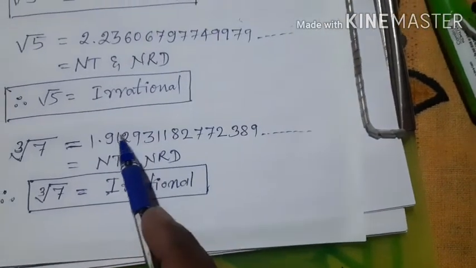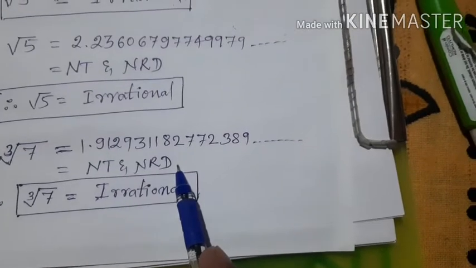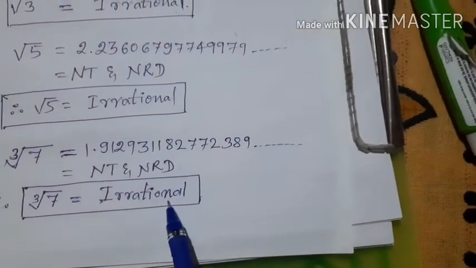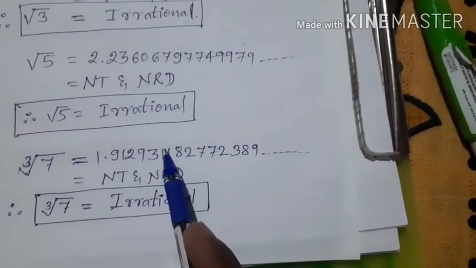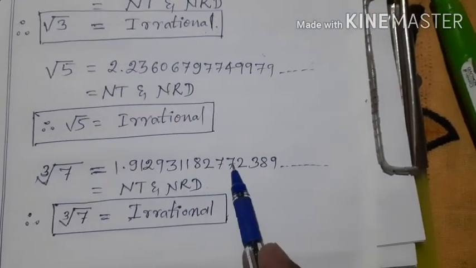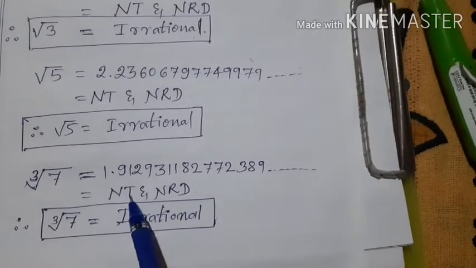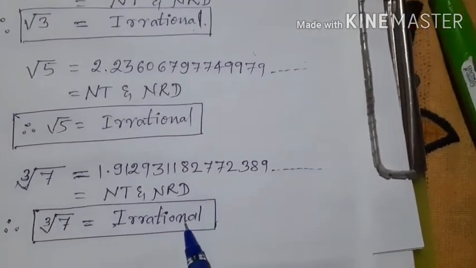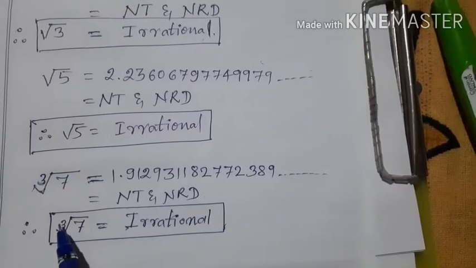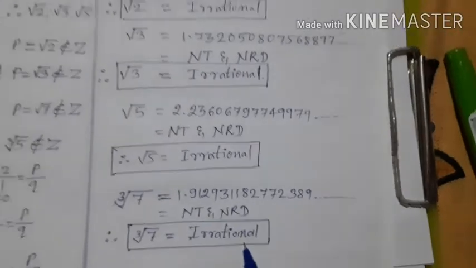This is an example of a non-terminating and non-recurring decimal, and such decimals are irrational numbers. That is why cube root of 7 is irrational.